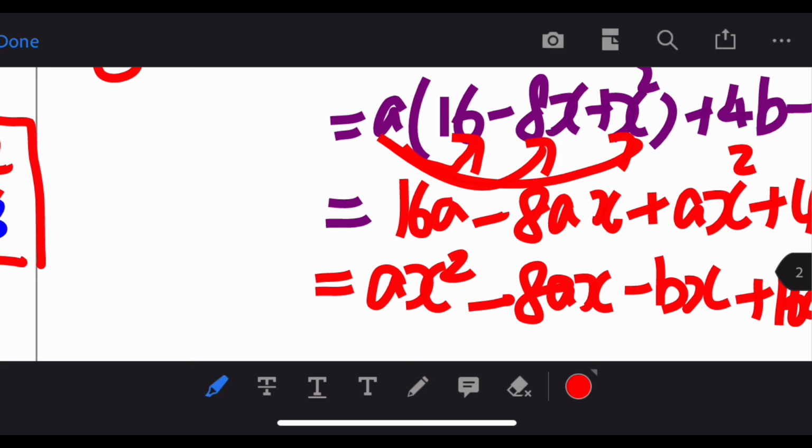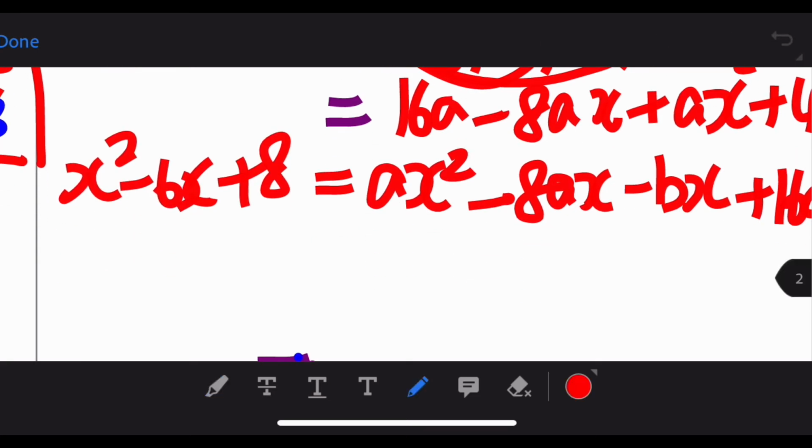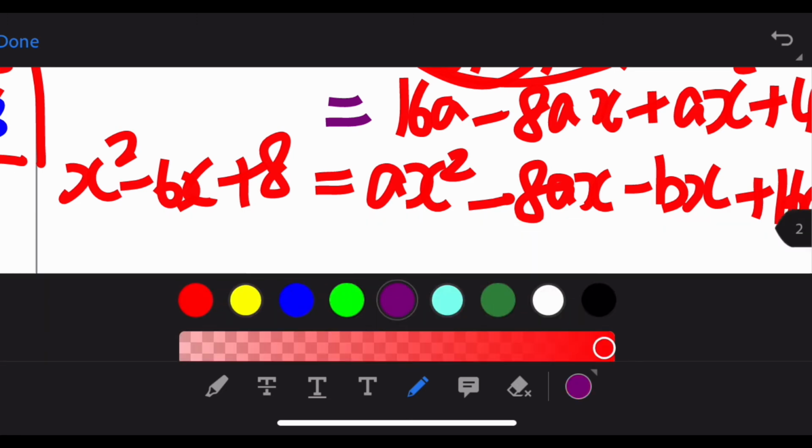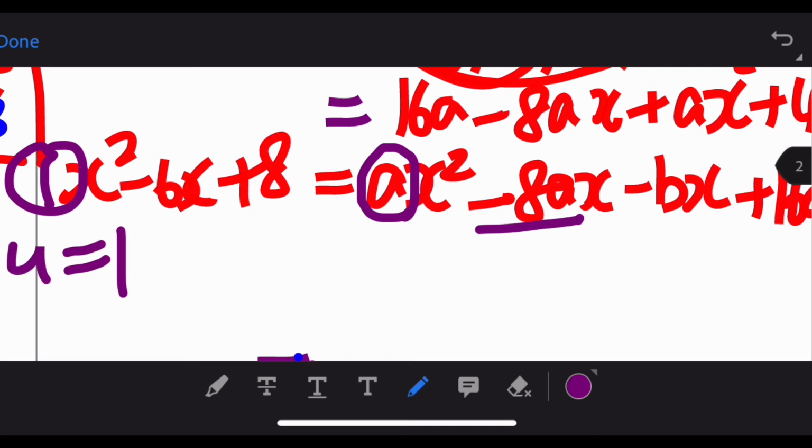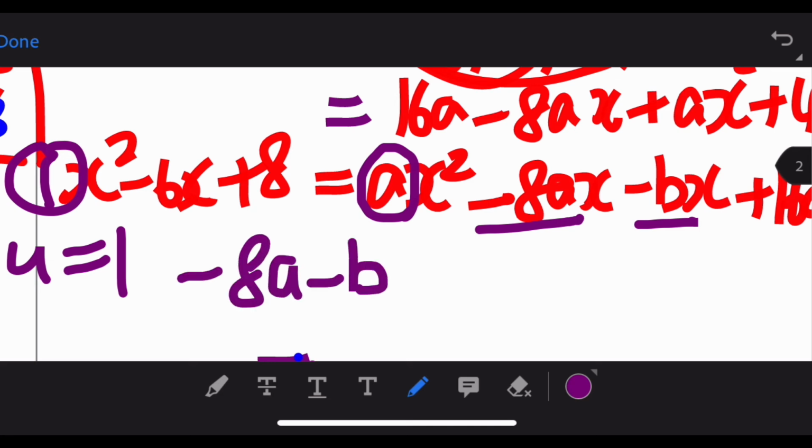Now let's do comparison. How to do comparison is you just highlight like this. The number in front of x squared: a is 1. Minus 8a minus b, which comes with the x, is equal to the one with the x.